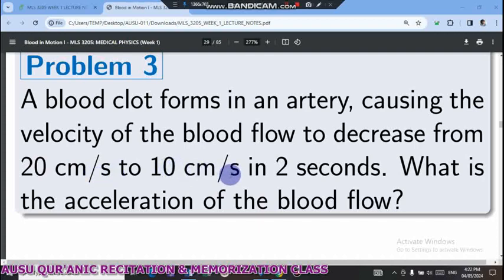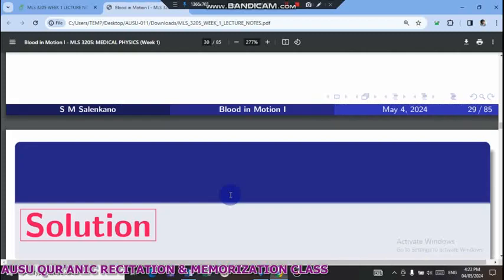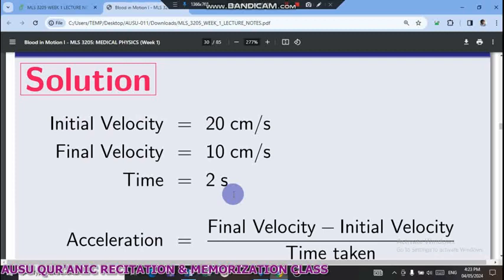How do I get the change in velocity? I will take the final velocity value minus the initial velocity value. The answer I get from that is the change in velocity, and the time taken to produce this change is 2 seconds. So I will just divide that change in velocity by 2 seconds to get my acceleration, my target variable.